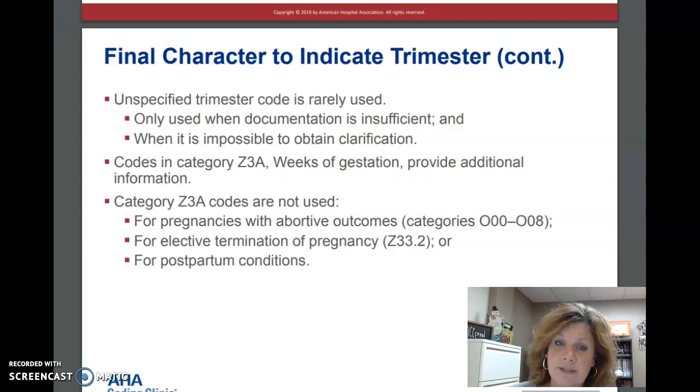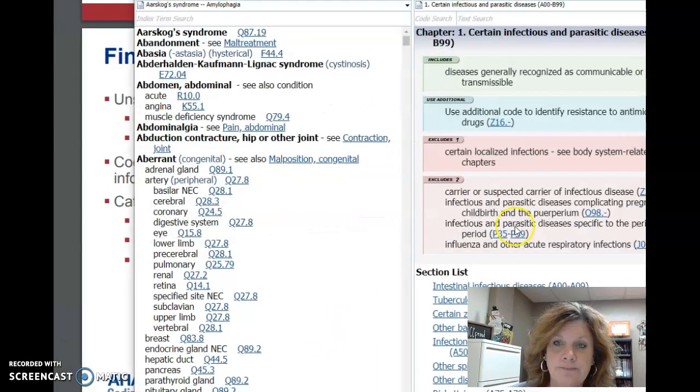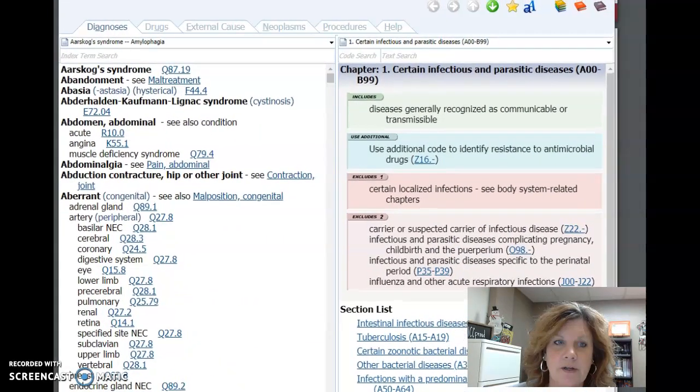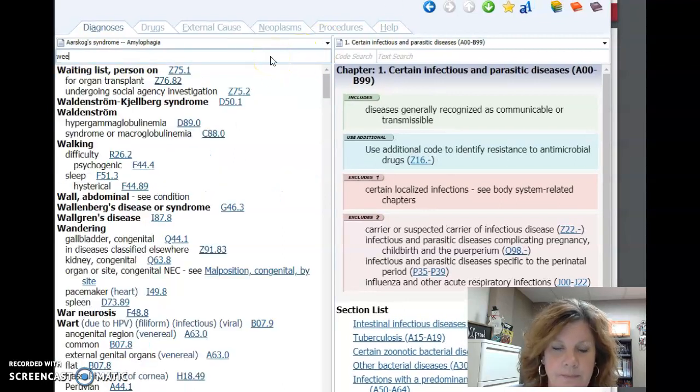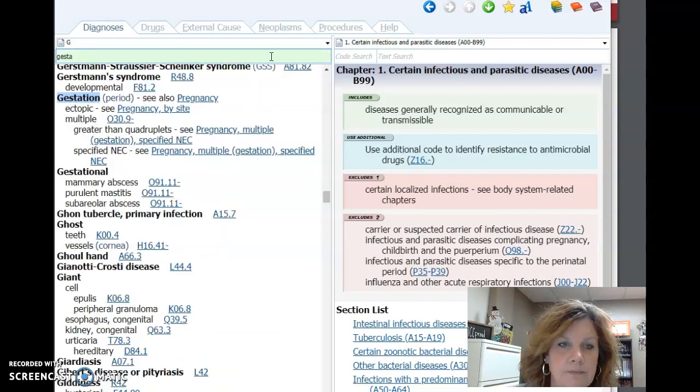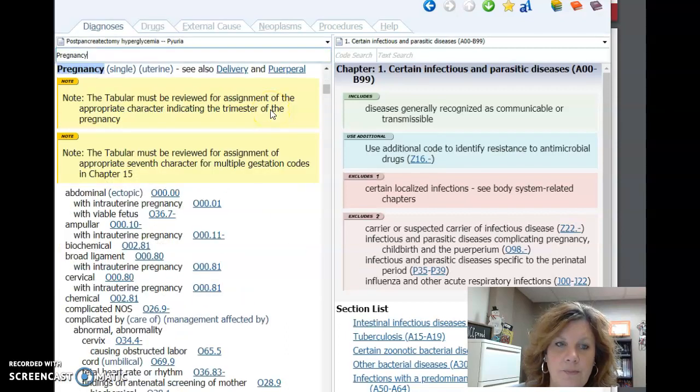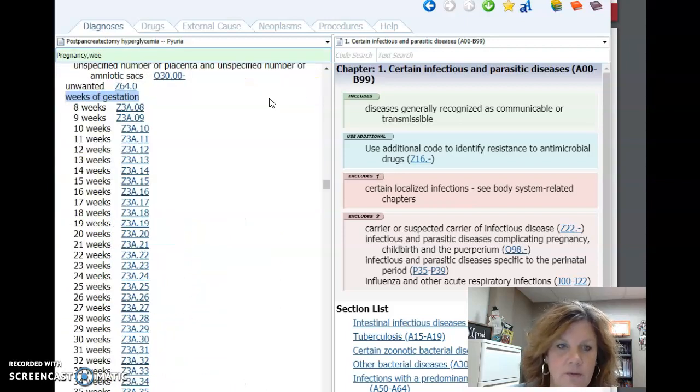These codes come from Z3A, weeks of gestation. In your code book, I want everybody to look up gestation, and it does say pregnancy, so it routes us to a couple of different things. With pregnancy, I am going to look at weeks.